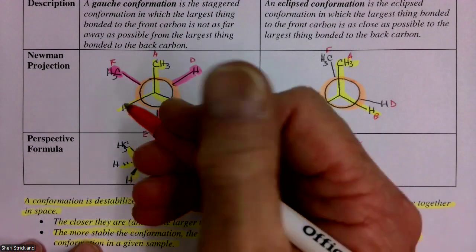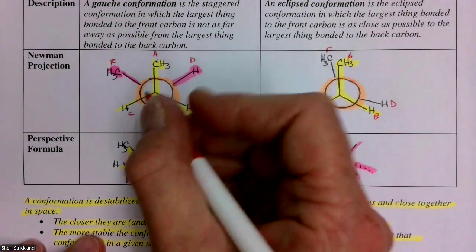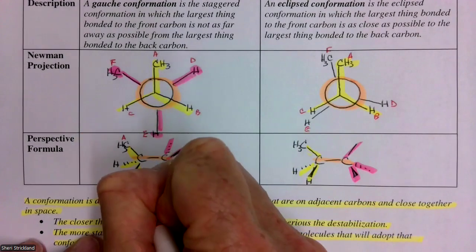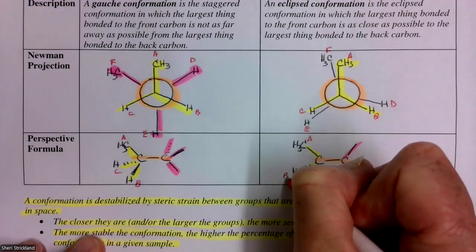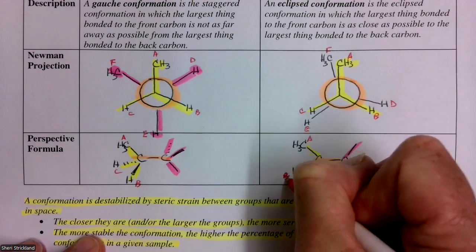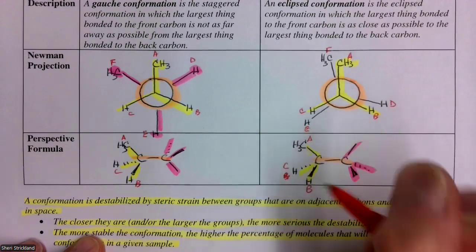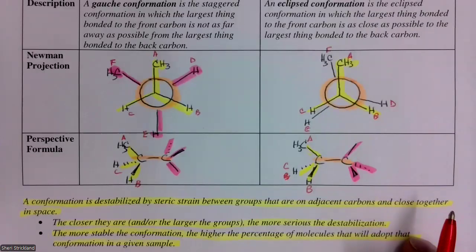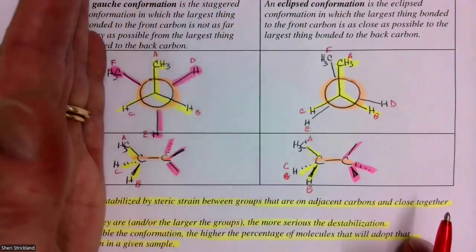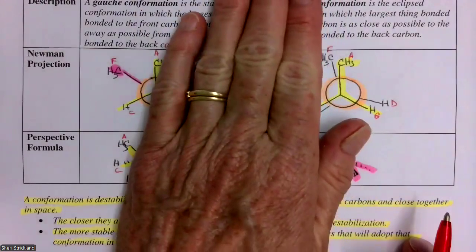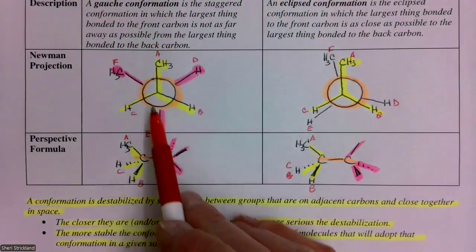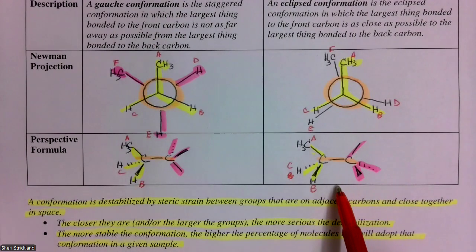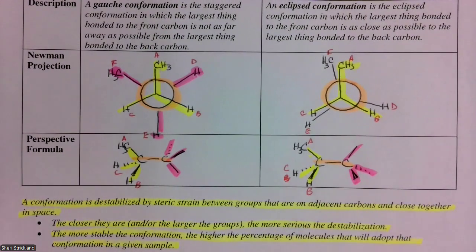All right, so A, B, and C. Sorry, B and C. All right, so now I want you to turn both of these, okay, the same way that we did, and show me where the pink ones went on these perspective formulas. And then come on back.